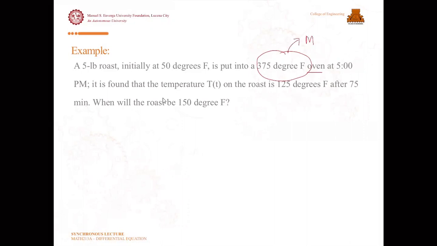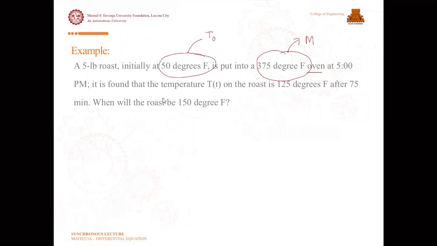So ito yung M natin. Okay? And then, itong 50 degrees Fahrenheit, ito yung tinatawag nating initial temperature, no? So pwede natin siyang tawagin na T sub 0. Okay? So, ibig sabihin, at the start nung problem natin, yun yung temperature niya.